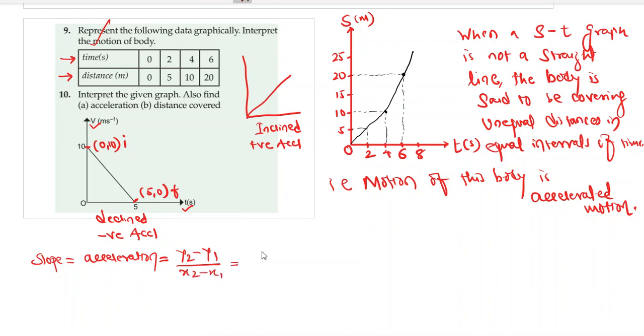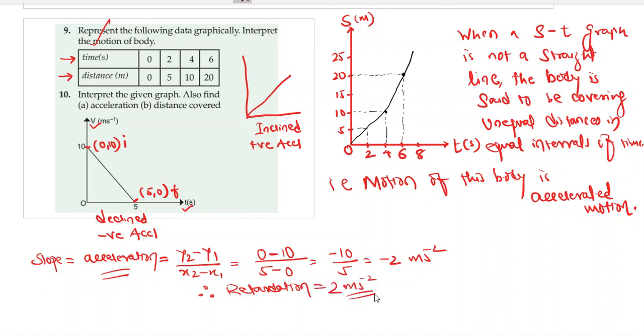What is y2? 0. y1 is 10. x2 is 5. x1 is 0. So minus 10 upon 5, that is minus 2 meter per second square. Now that is acceleration. So we can say that retardation is how much? 2 meter per second square. So both are correct answers.